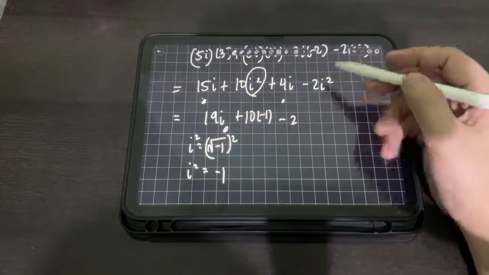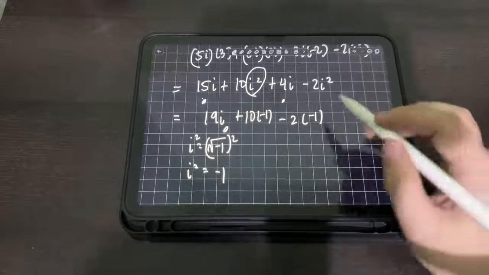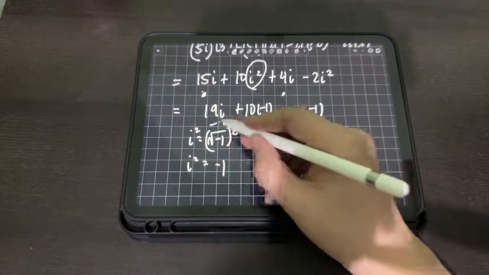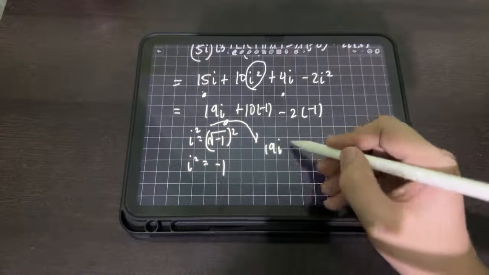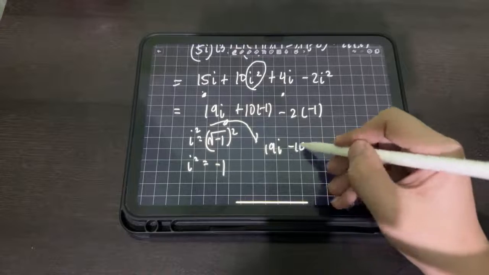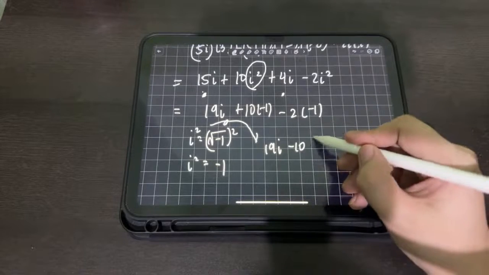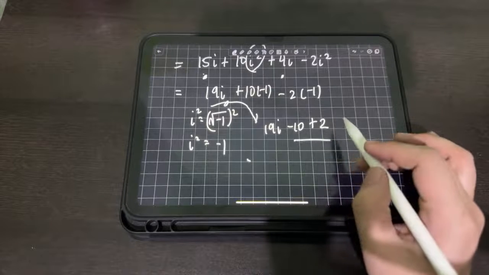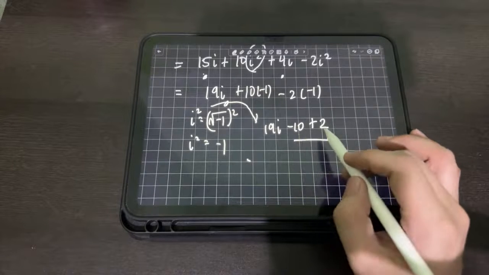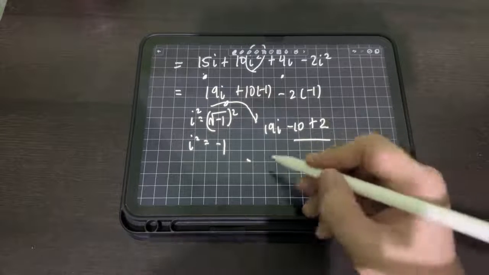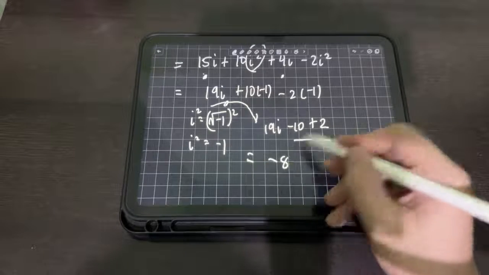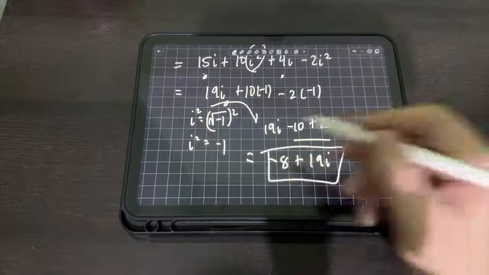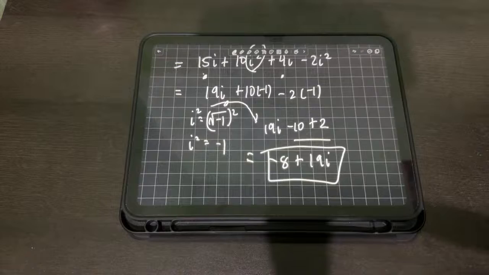For negative 2i squared, again, i squared is negative 1. So simplifying, 19i, 10 times negative 1, negative 10. Then negative 2 times negative 1, positive 2. These are both real parts, so combine negative 10 plus 2, that's negative 8. So negative 8 and then the imaginary part will be positive 19i. So this is the final answer.